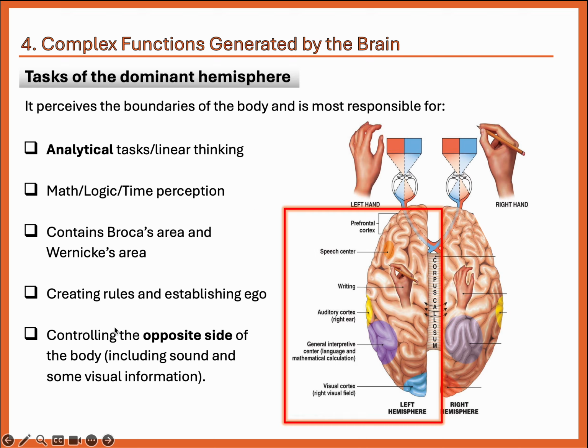Now, I also want you to remember that this left hemisphere is lateralized, meaning it receives information from the opposite side of the body, including sound, vision, and touch. So all seeing, feeling, and hearing on this side goes to the left hemisphere, and seeing and touching on this side goes to the right hemisphere, right?